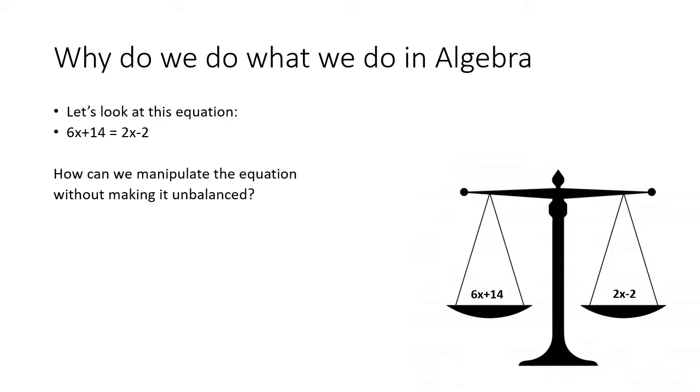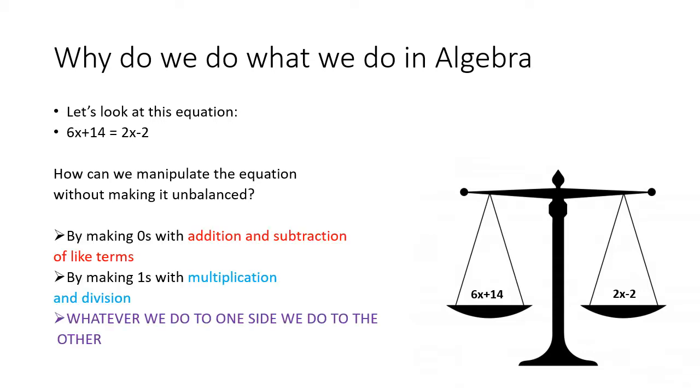Well, we have rules. Here are our rules. Okay. Our rules are, first of all, our first rule is we make zeros. So by making zeros with adding and subtraction of like terms.